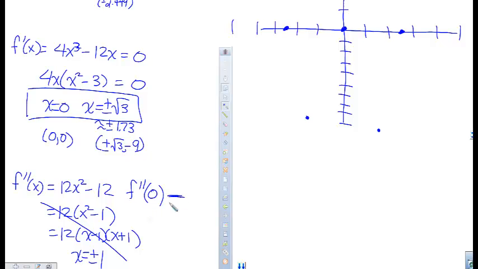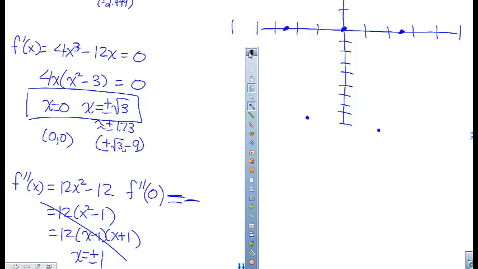Negative, okay, which means it's concave down, which means we have a relative max. So at 0, I have a relative max, which means this thing is going to cap like that.